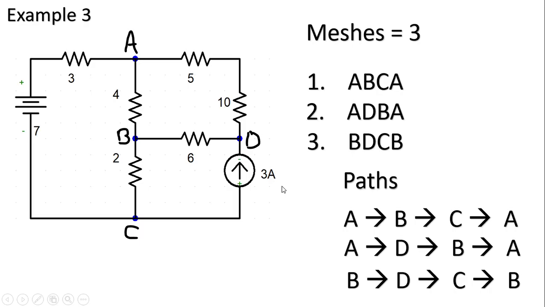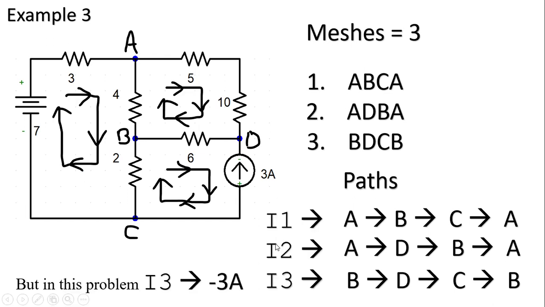Now coming to the third example, in this, three meshes are available and the paths are A to B, B to C, C to A is the first mesh. A to D, D to B, B to A is the second mesh.